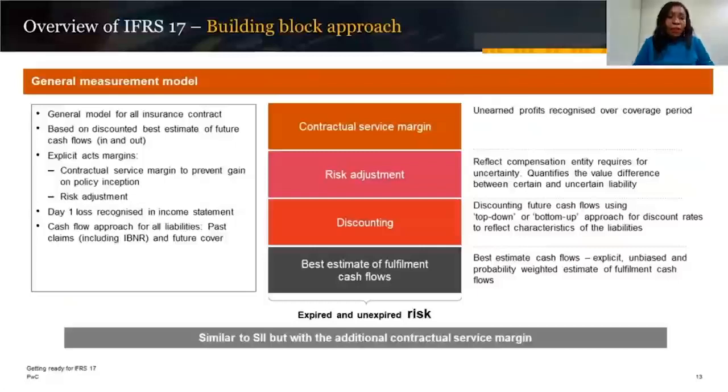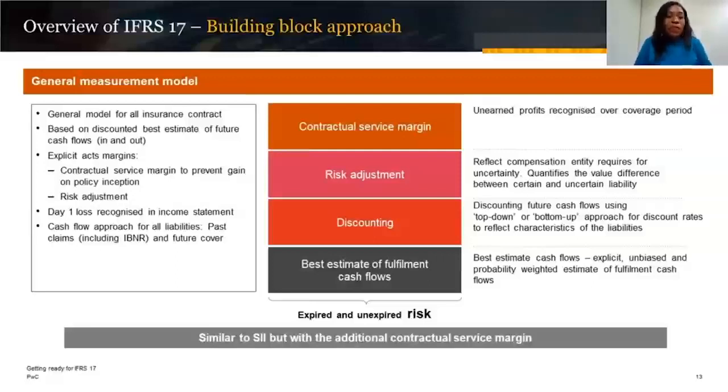So I'll look at the three measurement models at a high level. The general model, which is the building block approach, has 4 building blocks that we consider when applying it. The first thing to start with is your best estimate of fulfillment cash flows. This is basically an explicit, unbiased, probability-weighted estimate of the fulfillment cash flows that you expect on that contract over its life.